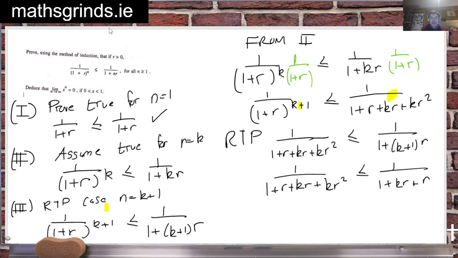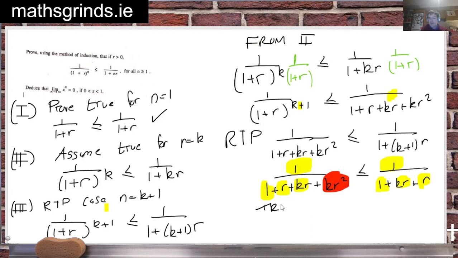Now what's interesting here is the numerators are the same, and 1, 2, 3 are the same in the denominator. So that means this will be true as long as that piece there is positive, because it'll make the denominator bigger, it'll make it a smaller fraction.